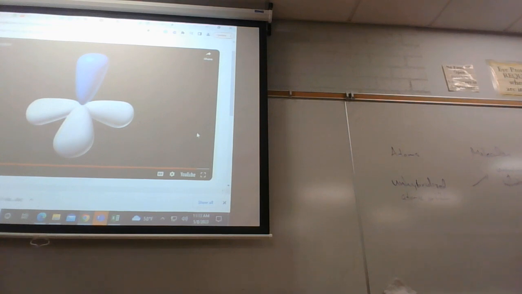Versus the other approach. And so this is what we call the simplified version of bonding. The simplified version is not the most accurate version.